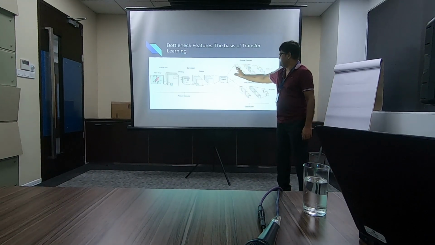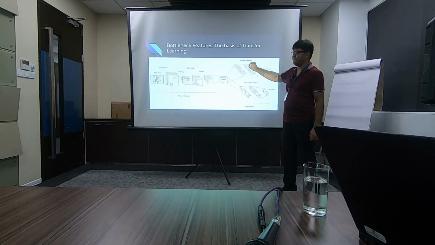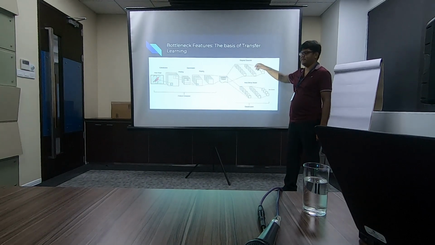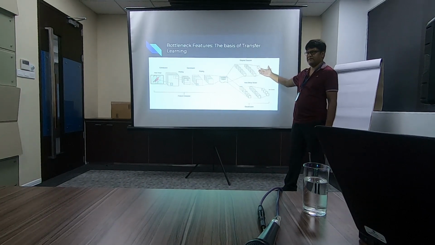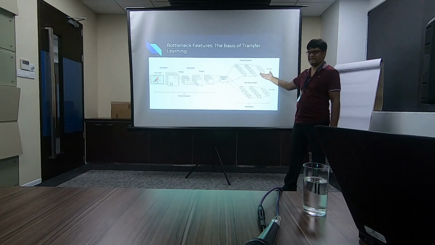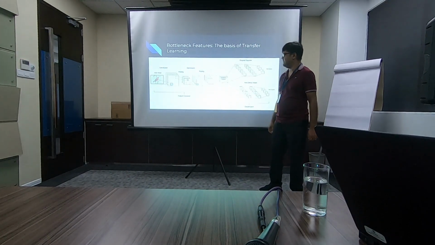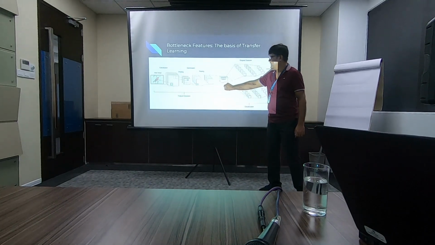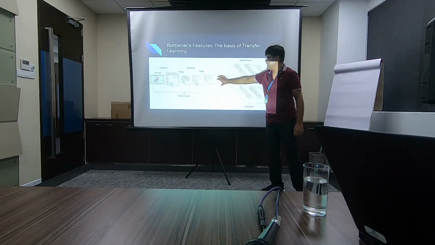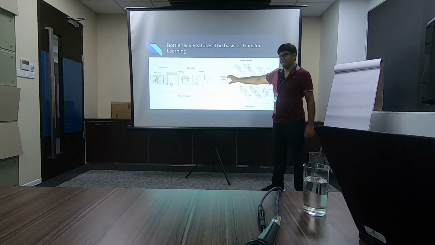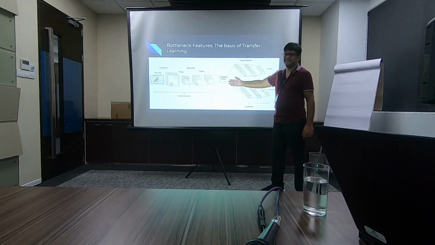The later portion is only the identifier. We don't want the original identifier. It was not trained to the categories that we want. We only want these features. We split the model there, and from there we extract out all the features that the model has learned.